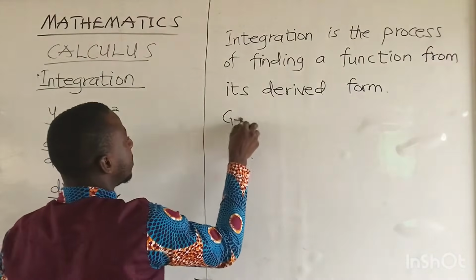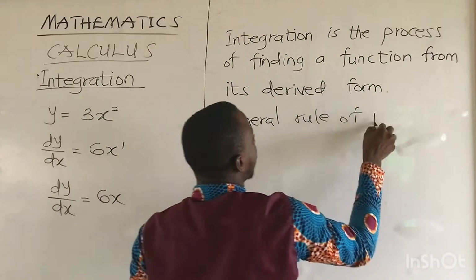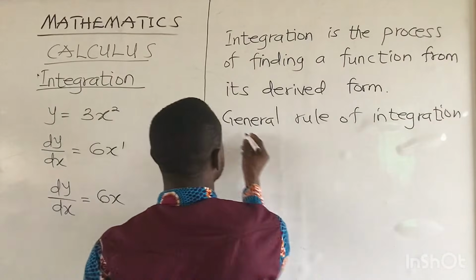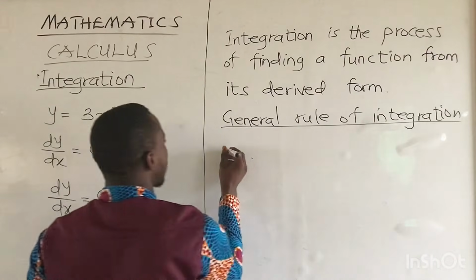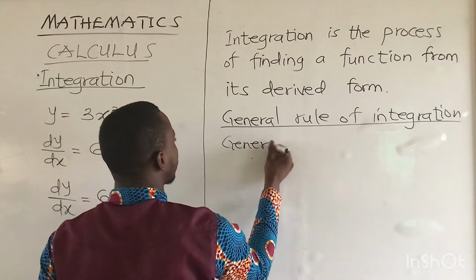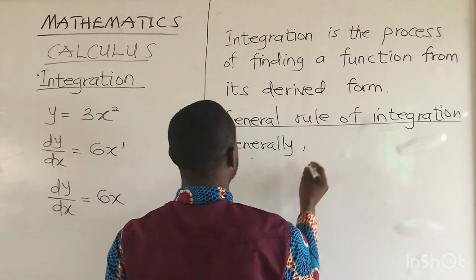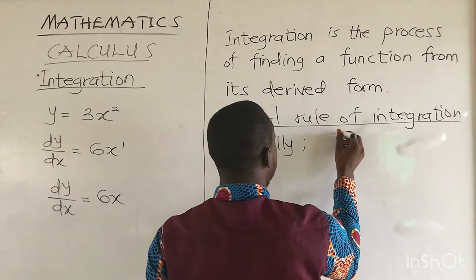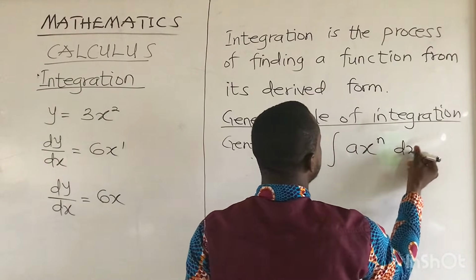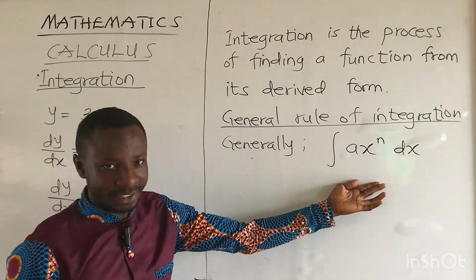So I'm going to look at the general rule of integration. Generally, when you have the integral of ax exponent n dx, how are you going to integrate?